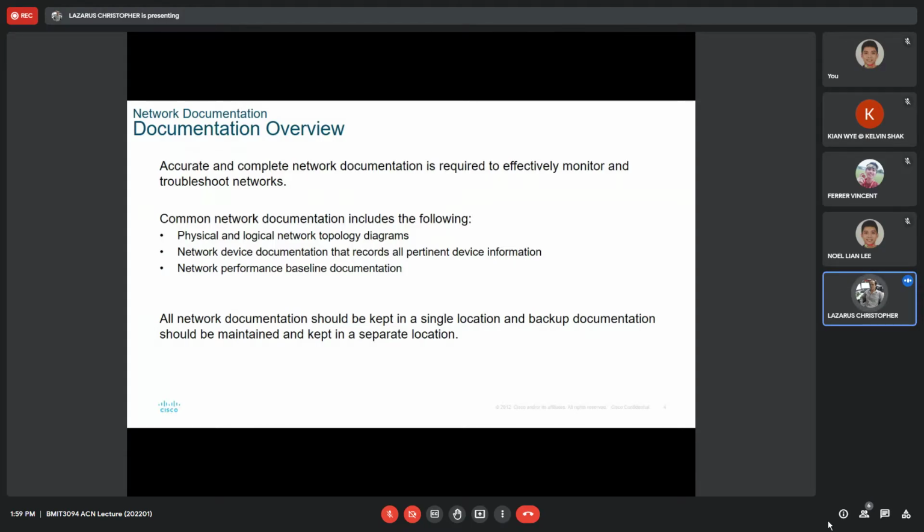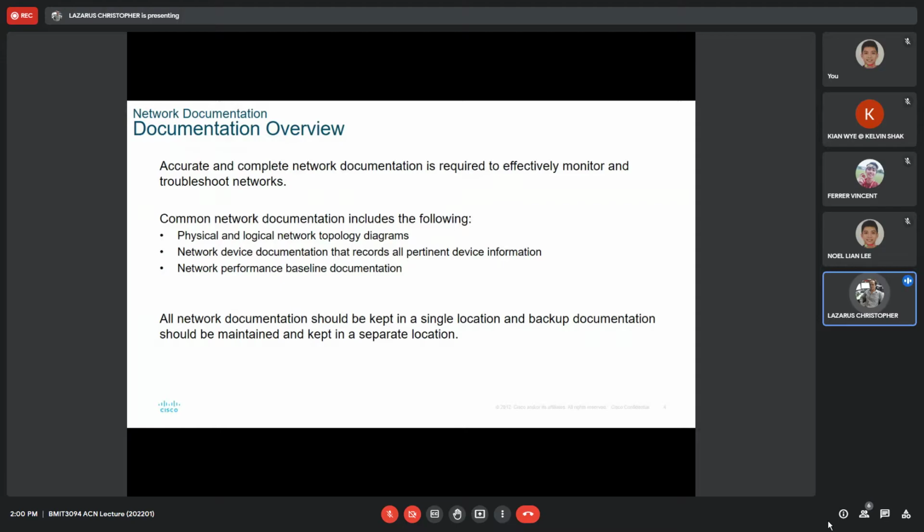For hosts, basically, you don't have to have information for each host, but at least you need to know the addressing. Perhaps if you have hundreds of devices, addressing one by one in the documentation is going to be very tedious. But at least the range of addressing you should have, right?